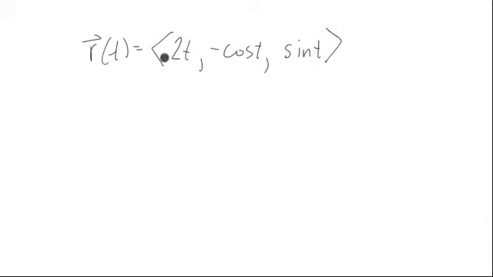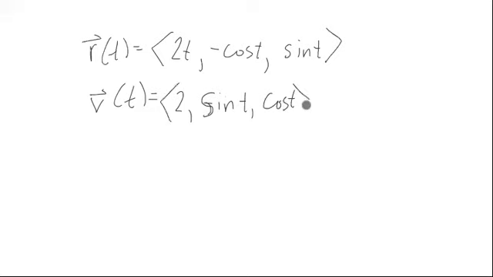All right, so we need to find the velocity vector, which is 2, and positive sine t, and this is cosine t.